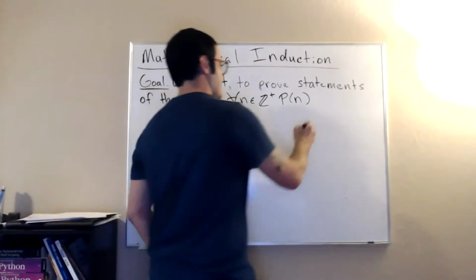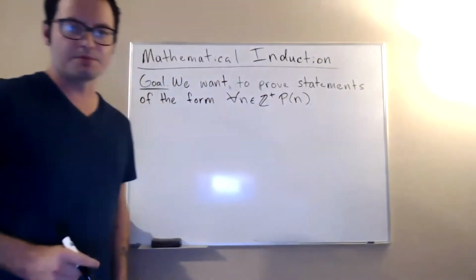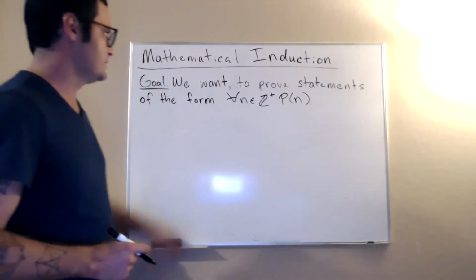Here, P of n is just a propositional function of n, and n is some positive integer.